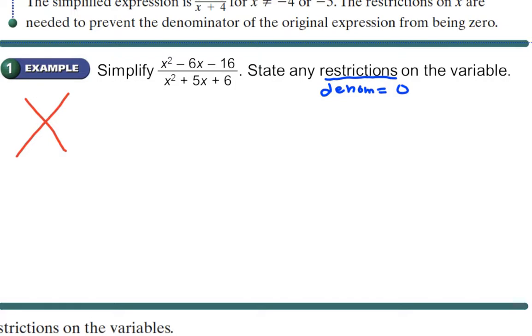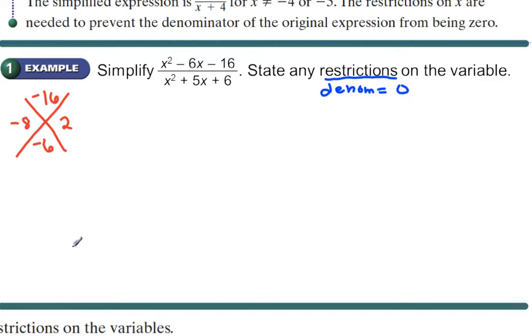So this would be negative 16. And on the bottom is your B, which in this case is negative 6. Now we need to find factors of negative 16 that give us a sum of negative 6. That would be negative 8 and positive 2, because negative 8 times 2 is negative 16, and negative 8 plus 2 is negative 6.